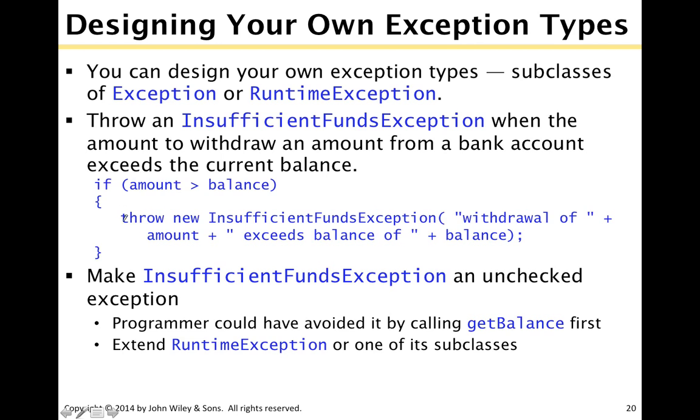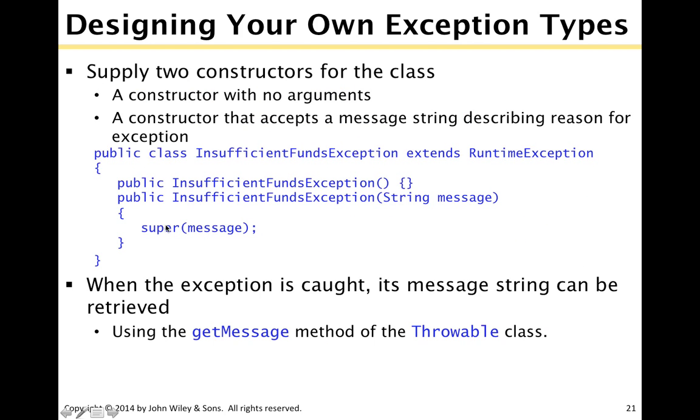So the caller of this method should do a try catch block, otherwise it will become a compile error. So here is an example of your own exception class definition. If you do extends RuntimeException, this class becomes an unchecked exception. So the caller of this exception class does not have to do a try catch block.